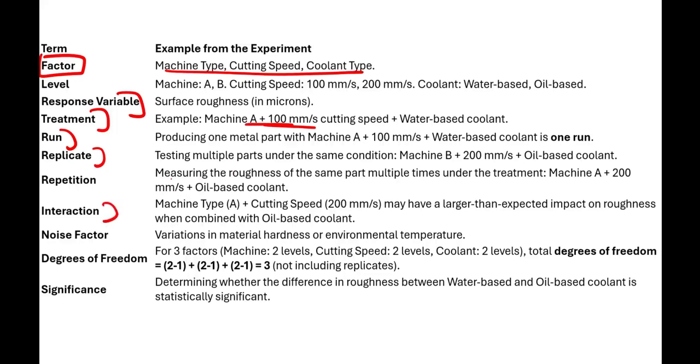Interaction may be that there is some interaction. For example, if you choose machine A, the cutting speed will have more impact on roughness when combined with oil-based coolant.